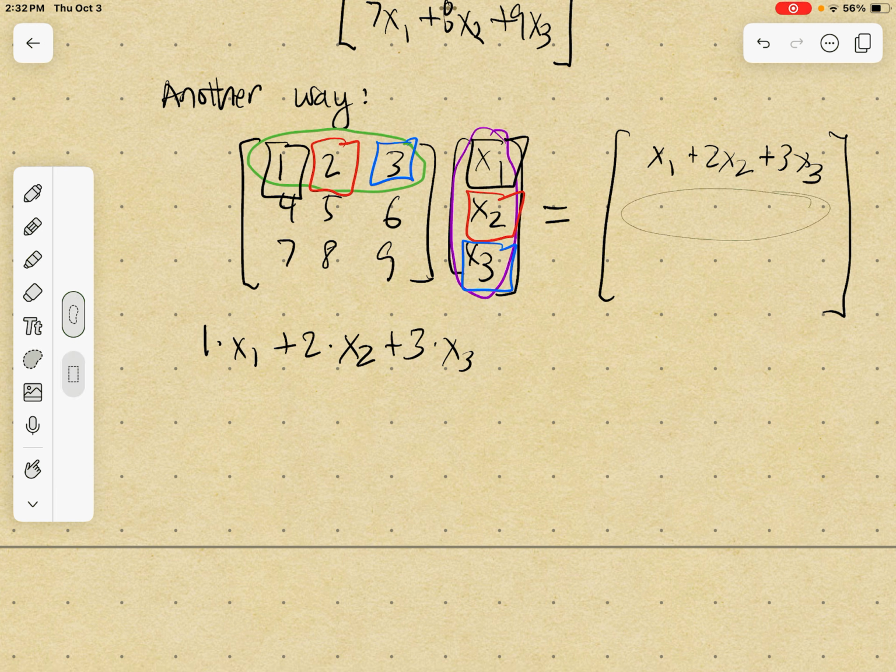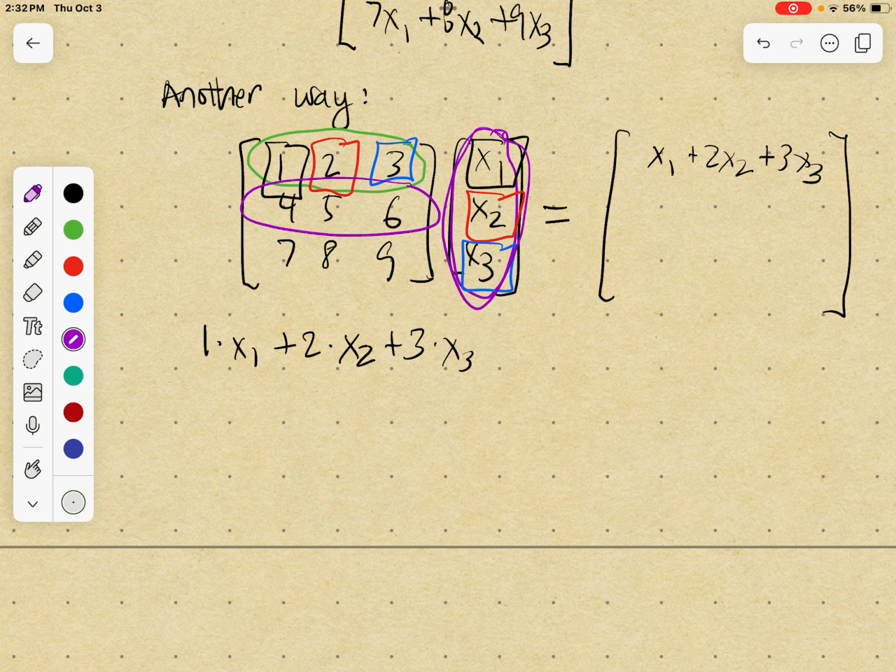And then to find the number that goes here, you look at the second row times this vector. So you take the first number, multiply it by the first number, and keep going.